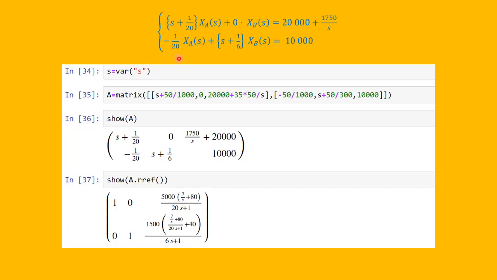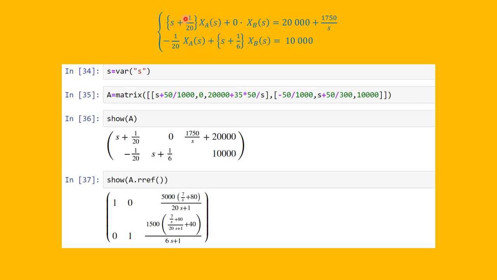So the system of equations that we need to solve is up here. We're solving for capital X sub A of S and capital X sub B of S. We have two equations in those two unknowns.